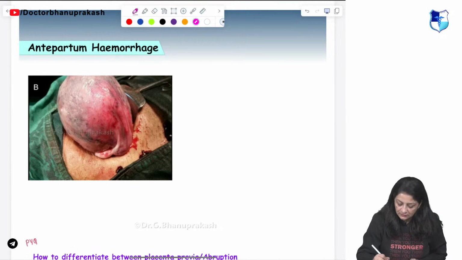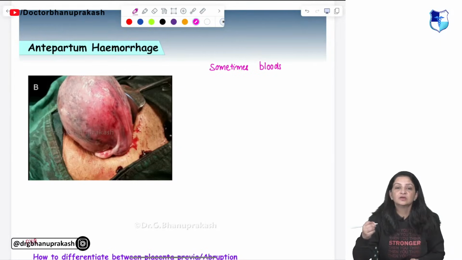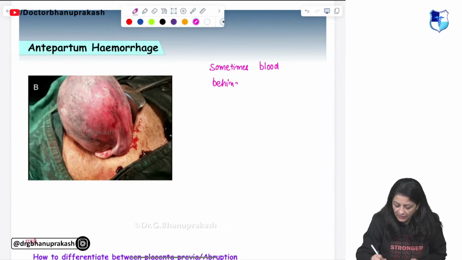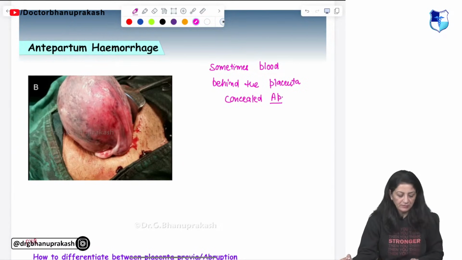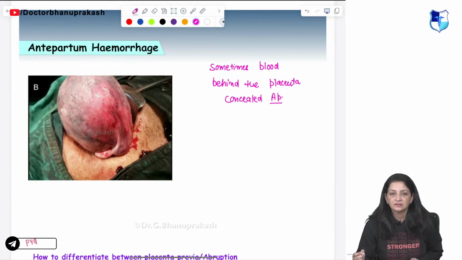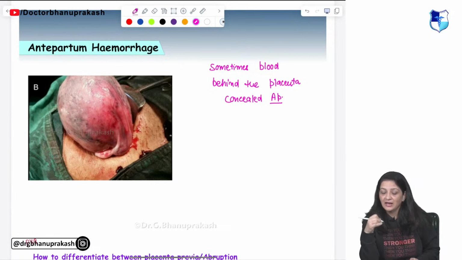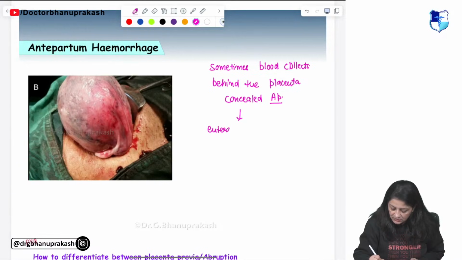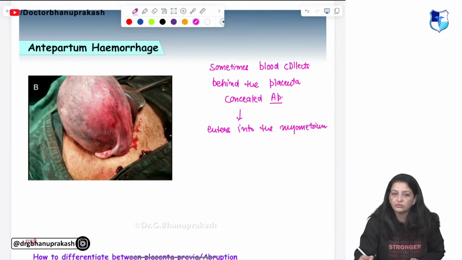Sometimes the blood which is collecting behind the placenta, in case of concealed abruptio placenta, enters into the myometrium layer of the uterus.